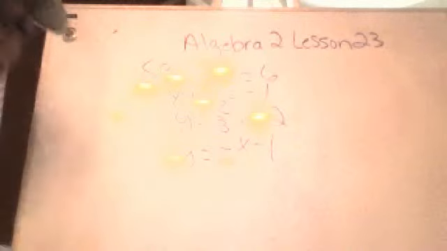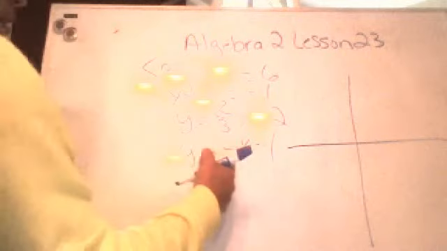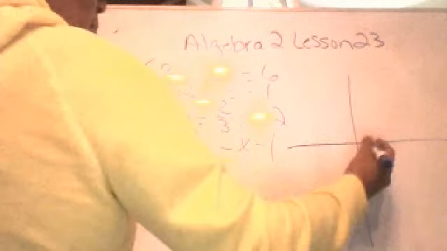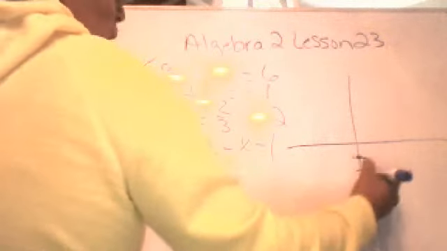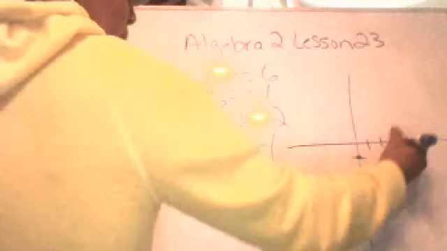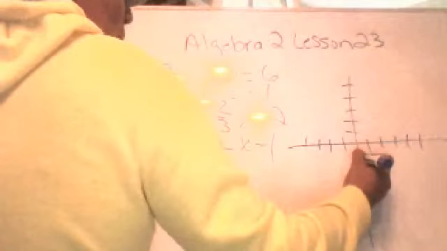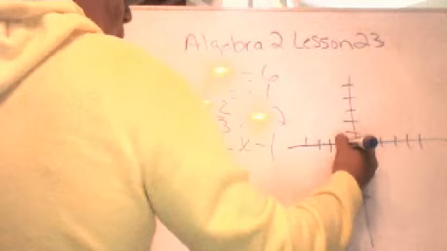In class, if you need some help, I'd be more than glad to go over that. So now, can we graph this particular one? Yes, we can. We have the equation y equals negative x minus 1. So the y-intercept is what? -1. And the slope is -1, so up 1 over 1, down 1 over 1.